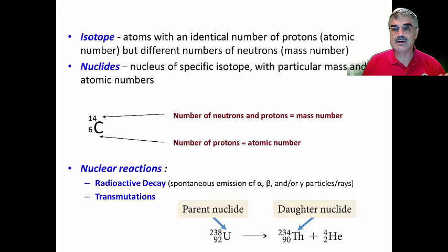But uranium-238, that means that isotope of uranium such that the sum of the protons and neutrons is 238, can react spontaneously to form thorium-234. TH is for thorium. And in doing so, it emits or ejects from its nucleus something called an alpha particle. Now here we've written it out as He, helium, because an alpha particle, as we'll see in the next slide, is really a helium nucleus.